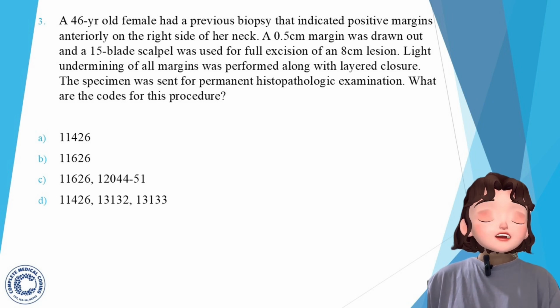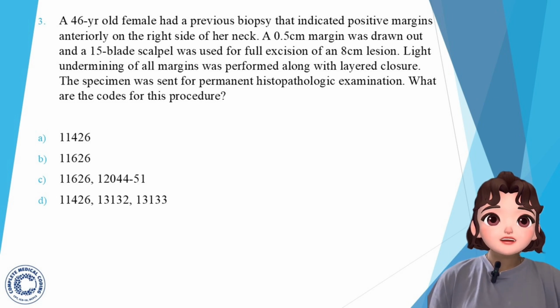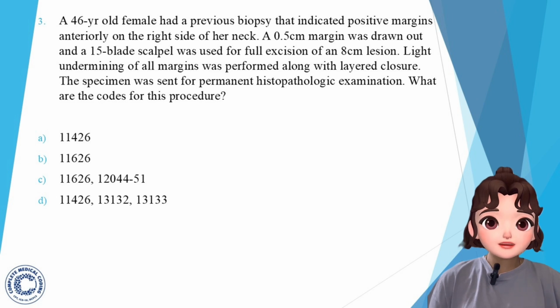Okay. So what is option C? Anyway, we already got one CPT code 11626, which is there in options B and C, right? But in option C, there is one more code, 12044.